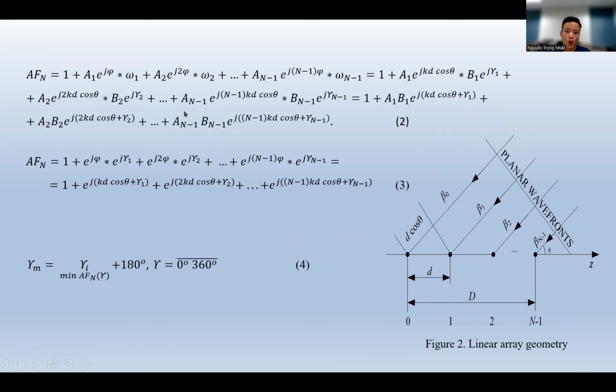In figure 2, we consider the case where all array elements are separated by the same distance d.